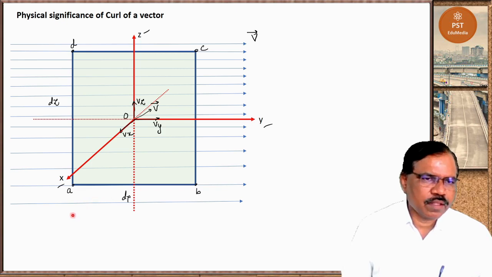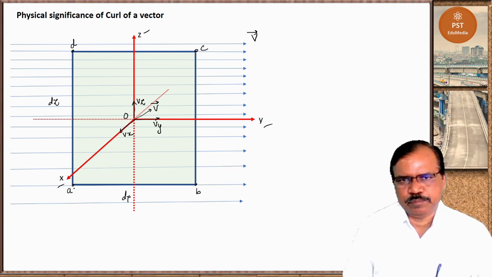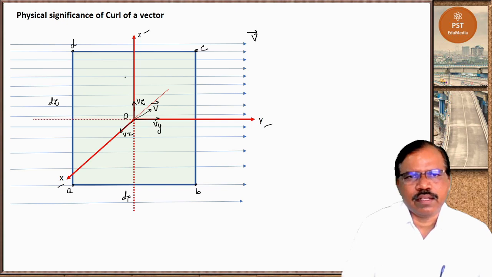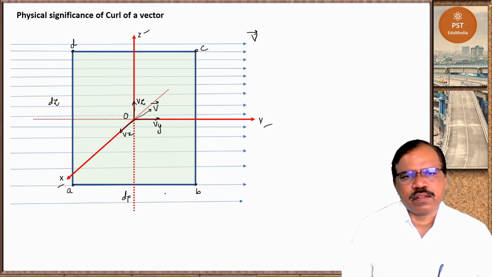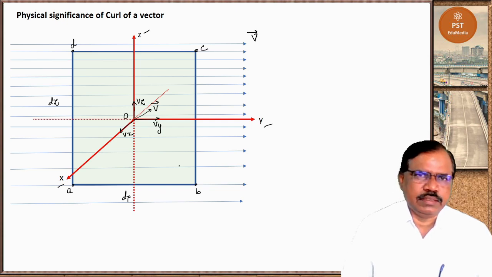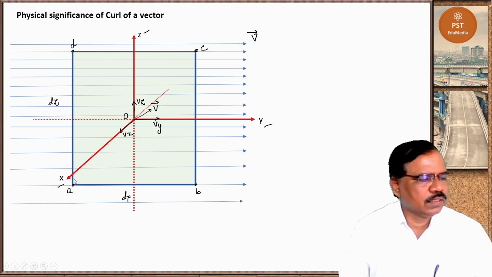Here, the vector field parallel to the y-axis along AB, parallel to the z-axis along BC, parallel to the y-axis along DC and parallel to the z-axis along DA will give the maximum value of the line integral.